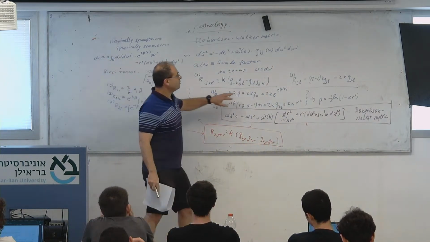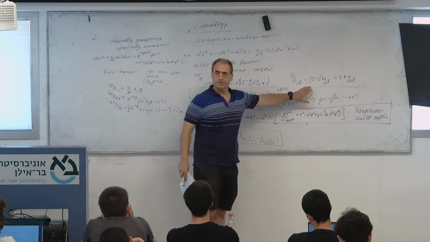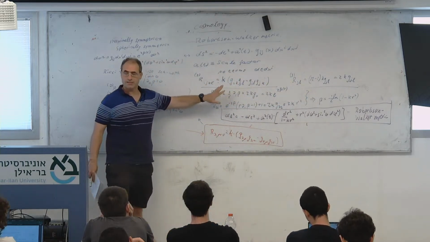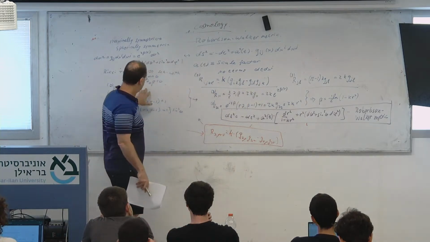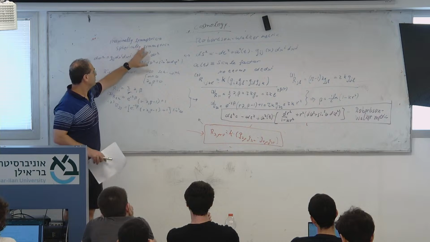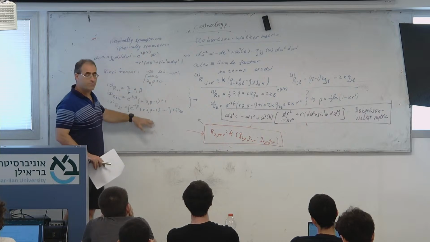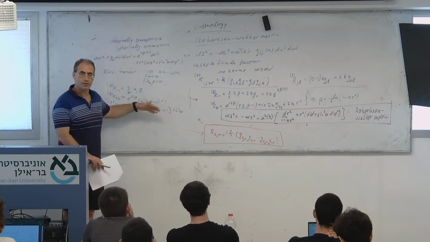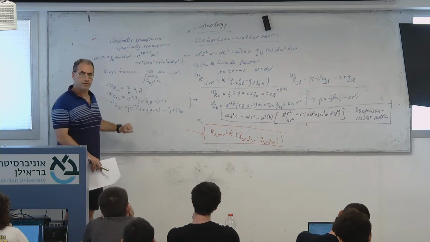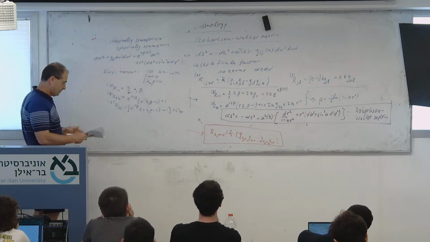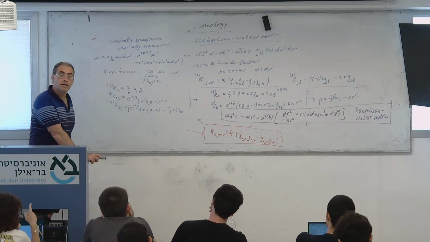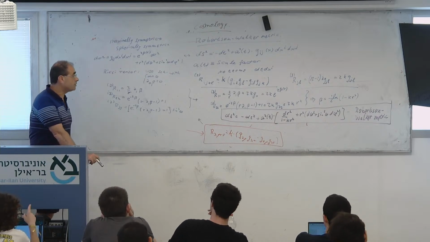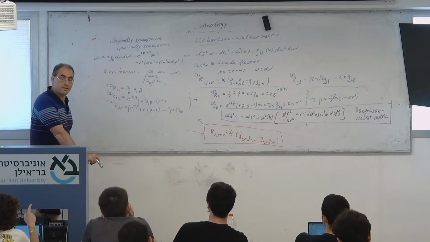I use our derivation here that we did for maximally symmetric space. This is true only for maximally symmetric space. We derived that when we derived the Schwarzschild metric, which is spherically symmetric. This is the spatial part.